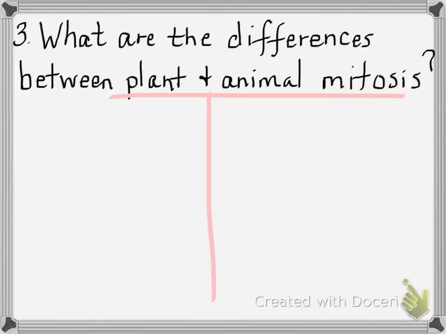Question 3. Differences between plant and animal mitosis. I'm going to give us an easy one. No centrioles on this side, centrioles on this side. I made a little table here. Plant is on one side and animals on the other. Plants don't have centrioles and animals do.